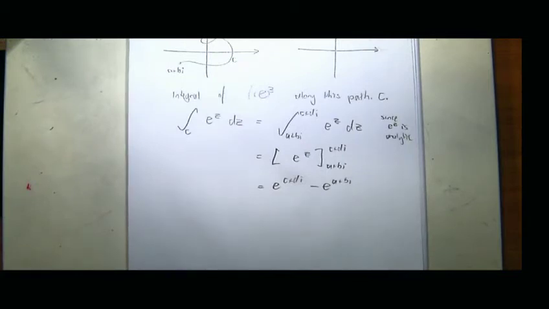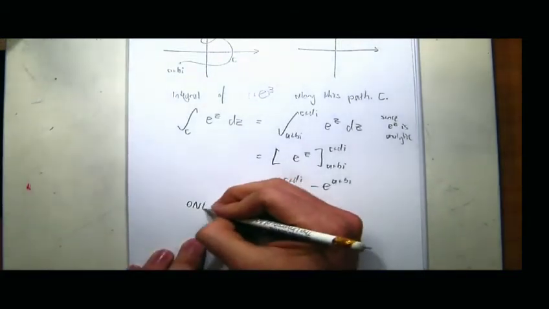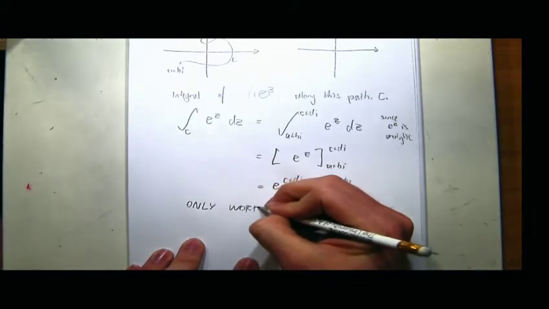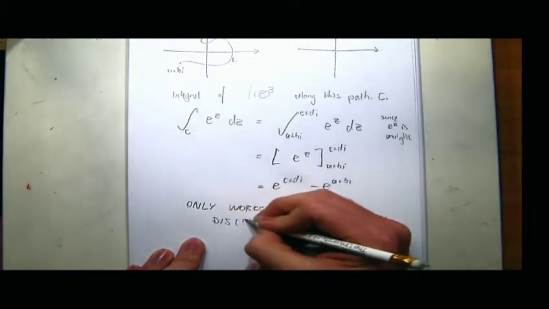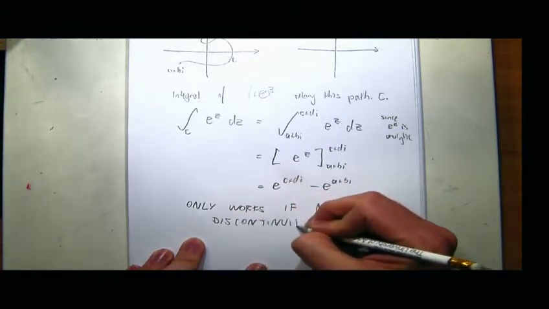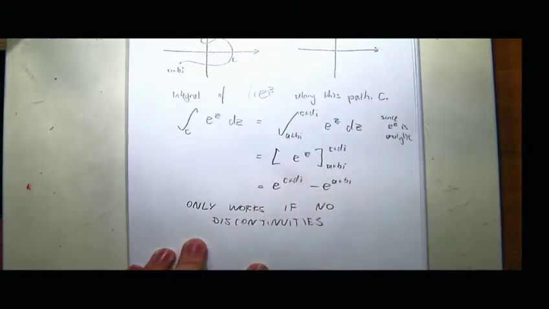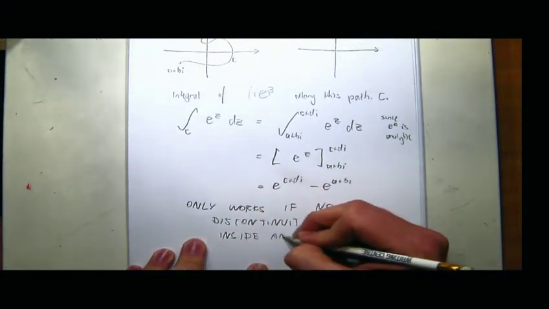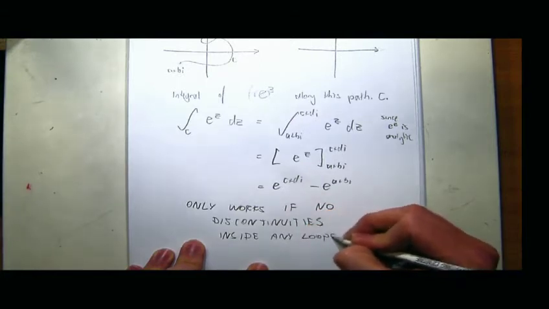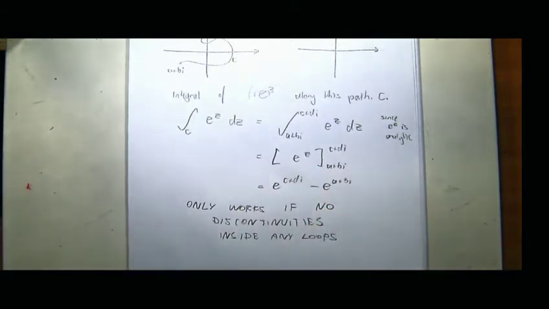But this only works if there are no discontinuities inside any loops. Okay, e to the z doesn't have any discontinuities at all, so we're all good.